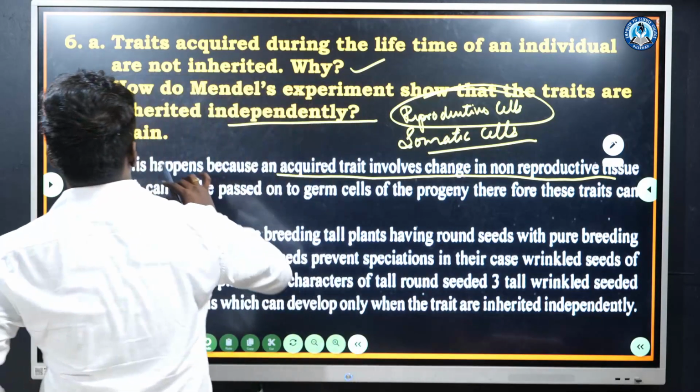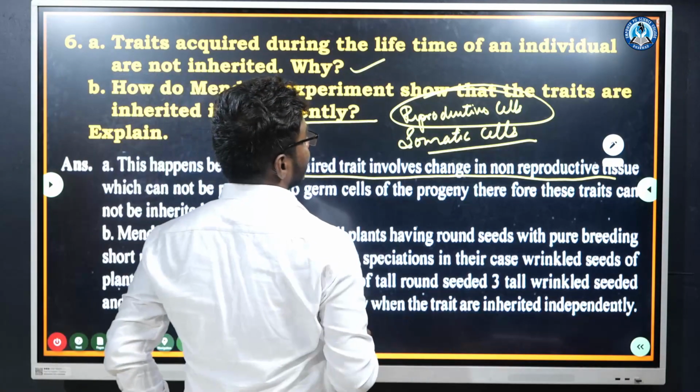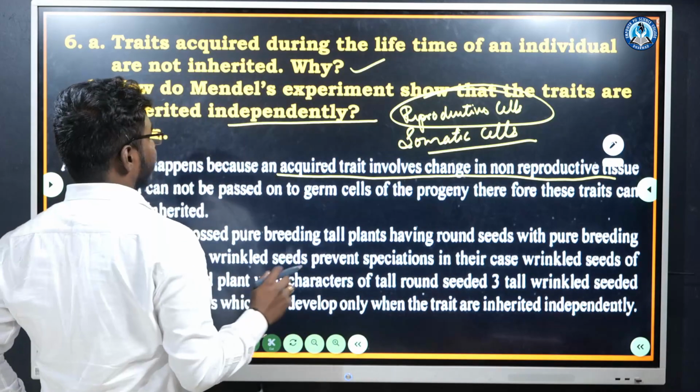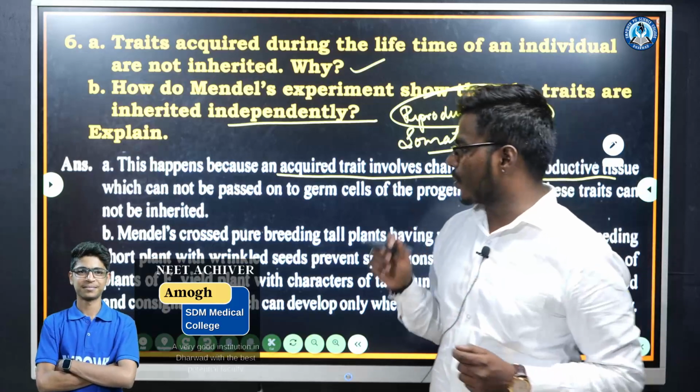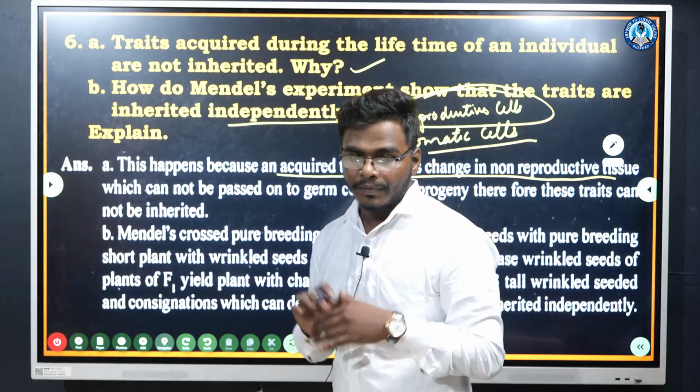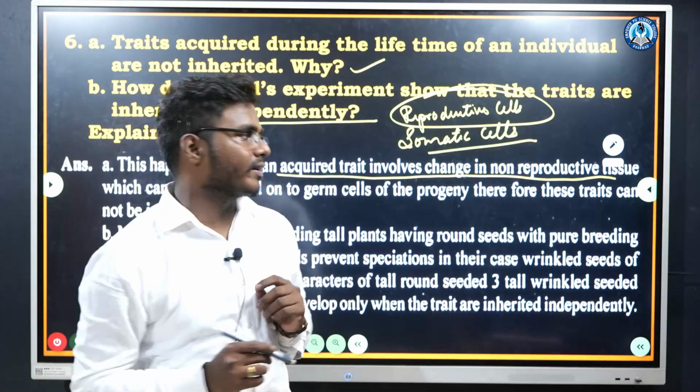Moving on to the next question: how do Mendel's experiments show that the traits are inherited independently? During the formation of the gametes, as we saw, the F1 generation is heterozygous.